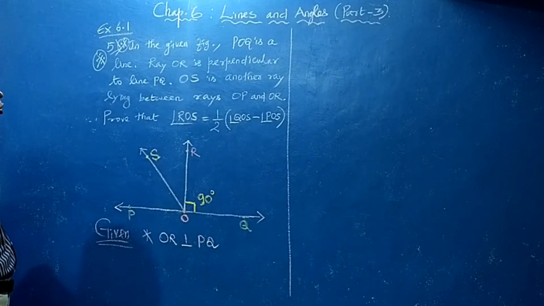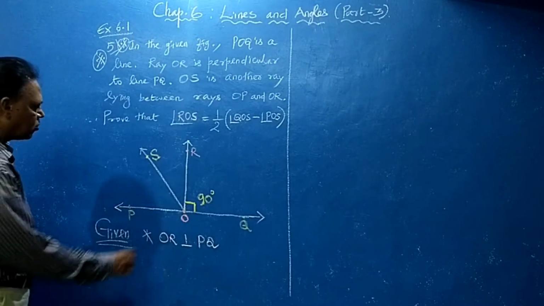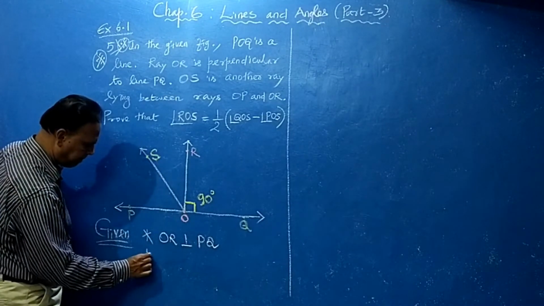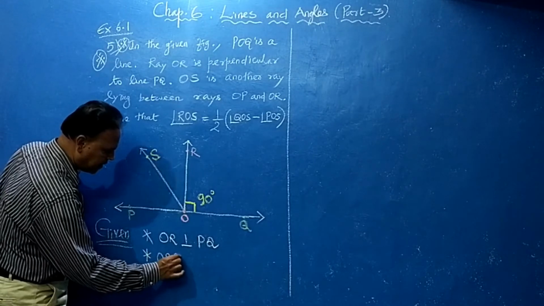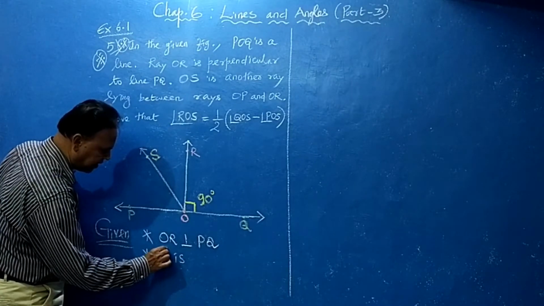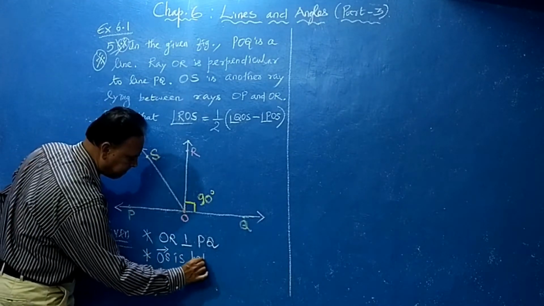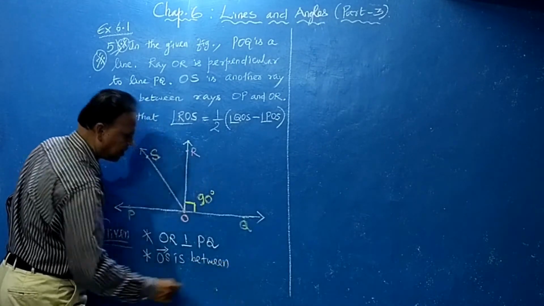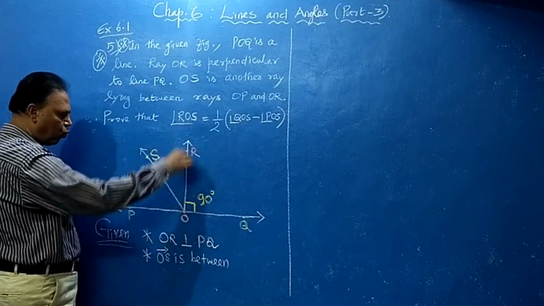Then OS is another ray between OP and OR. The ray OS is between OR and OP.